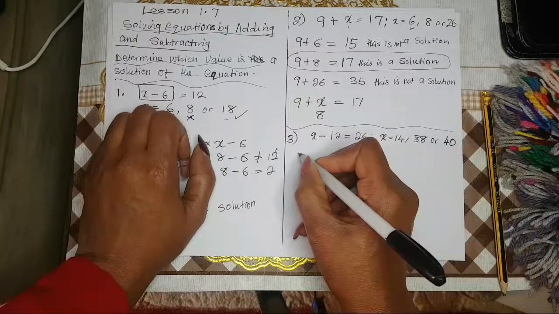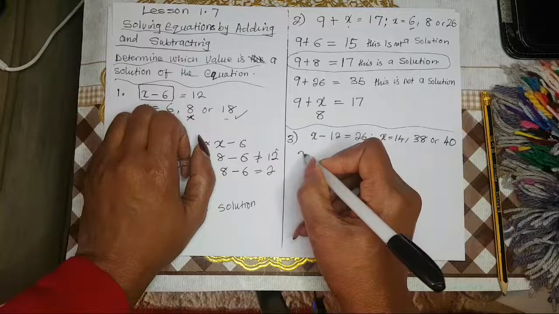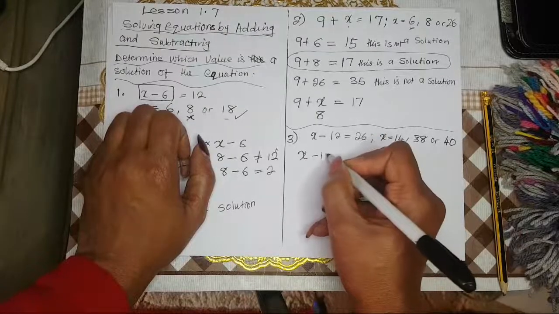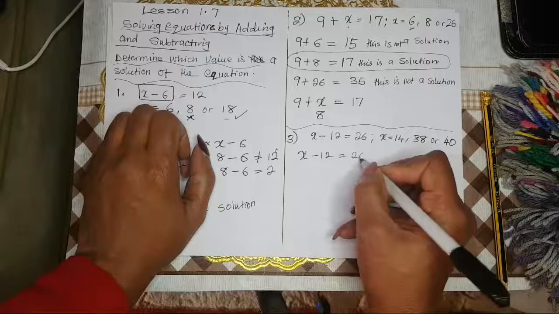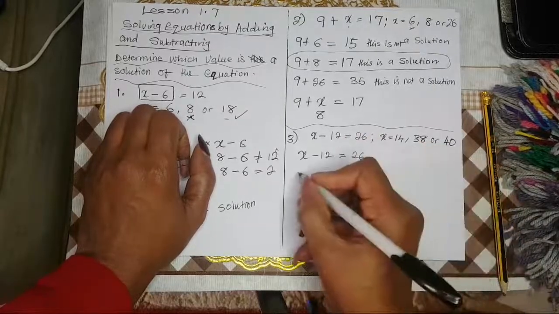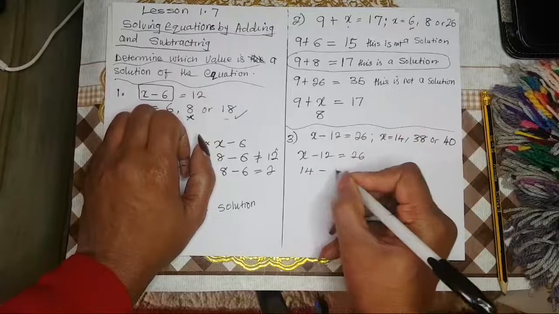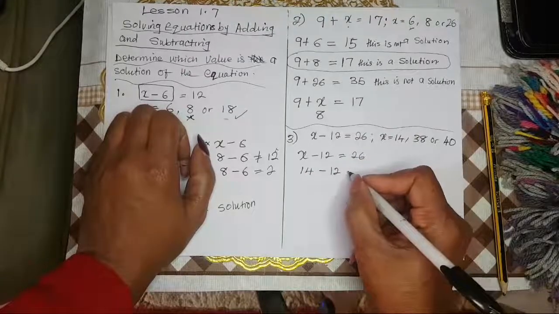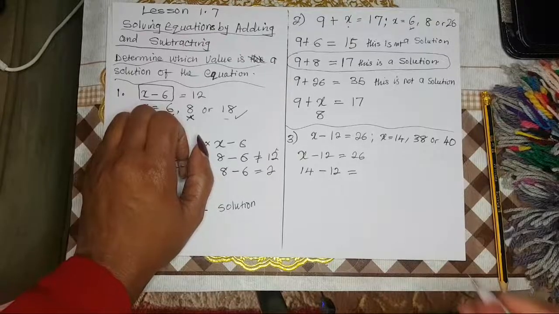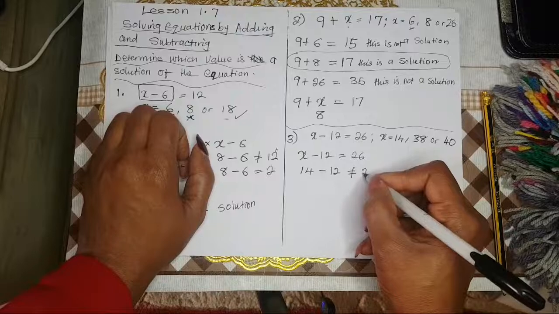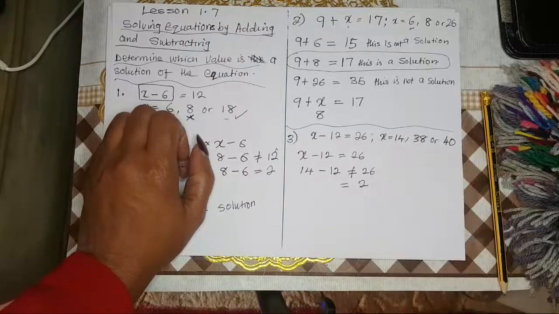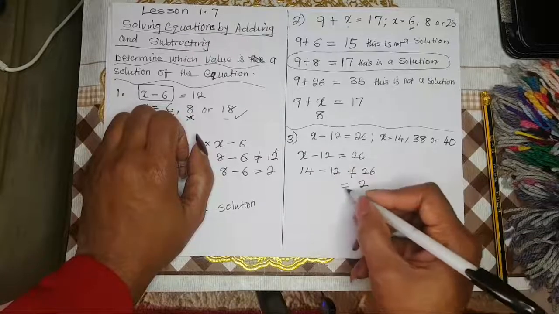So remember, x here, we're going to write it out. Minus 12 equals 26. So this is the equation we're using. We replace x with 14, 14 minus 12. Is it equal to 26? No, this is not equal to 26. Rather, the answer is 2. 14 minus 12 is 2.